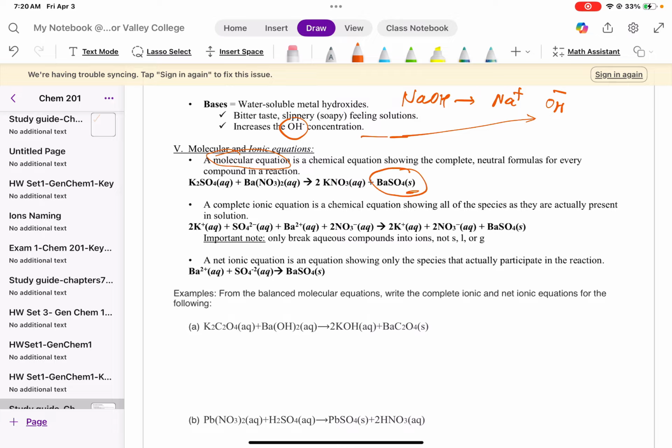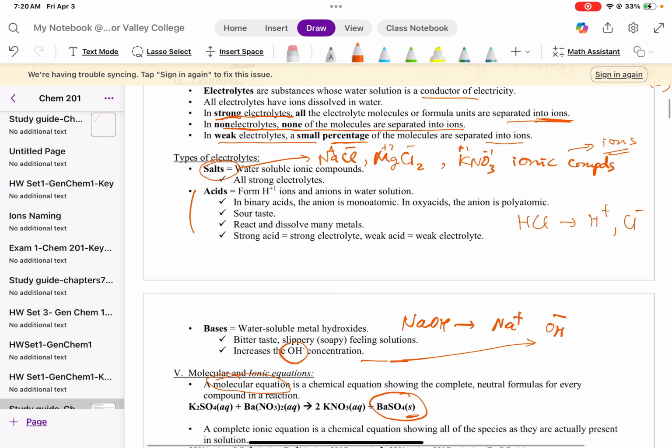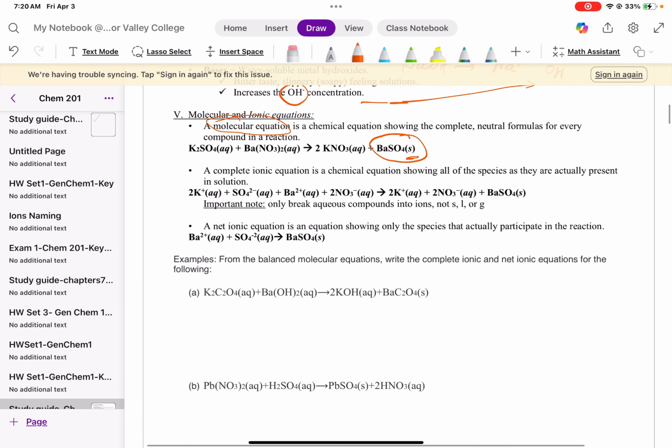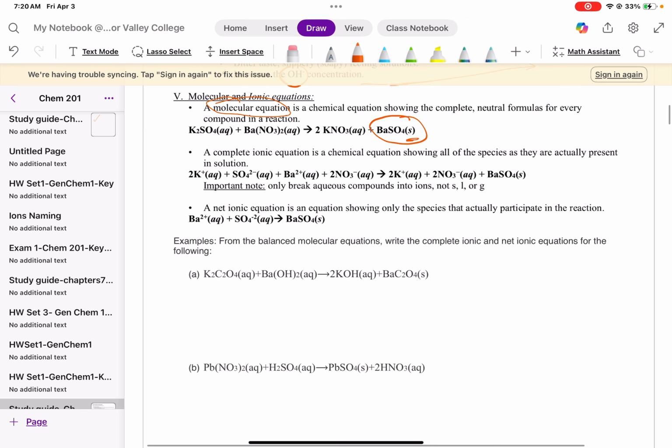The solubility rules, the set of rules we talked about last time, will help us determine which compound is a solid. Barium sulfate is a solid. And that's the balanced equation.